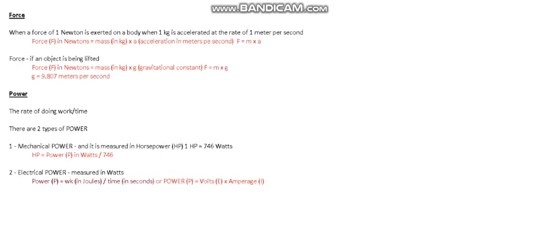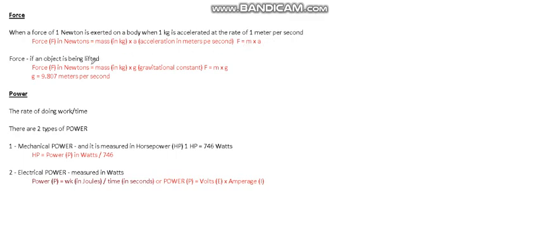Okay, continuing on, let's take a look at force. So a force of 1 newton is exerted on a body when 1 kilogram is accelerated at the rate of 1 meter per second squared. Our formula for force measured in newtons is mass in kilograms times the acceleration in meters per second squared. So that's where we get the formula. Force is mass times acceleration.